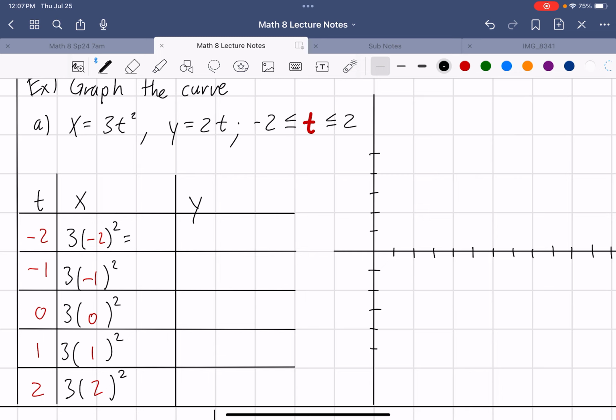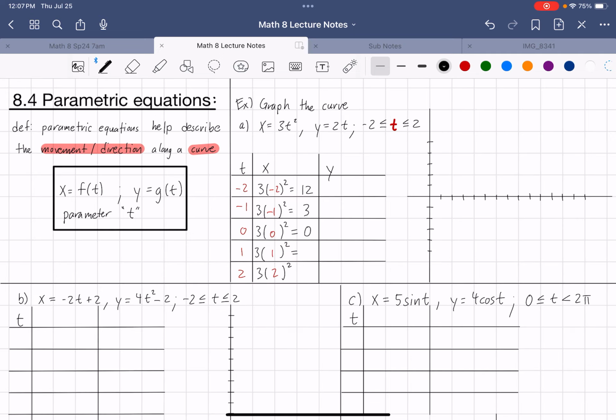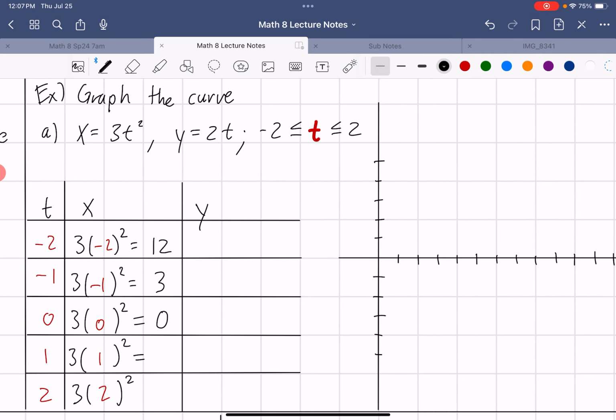Now, of course, negative 2 squared, with the negative in the parentheses, gives me 4, times 3 is going to be 12. Negative 1 squared is 1, times 3 is 3. 0 squared is 0, 3 times 0 is 0. 1 squared is 1, times 3 is 3.